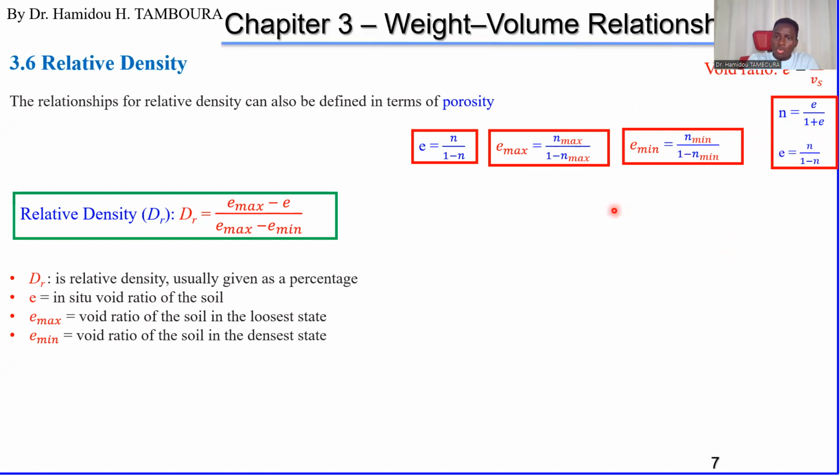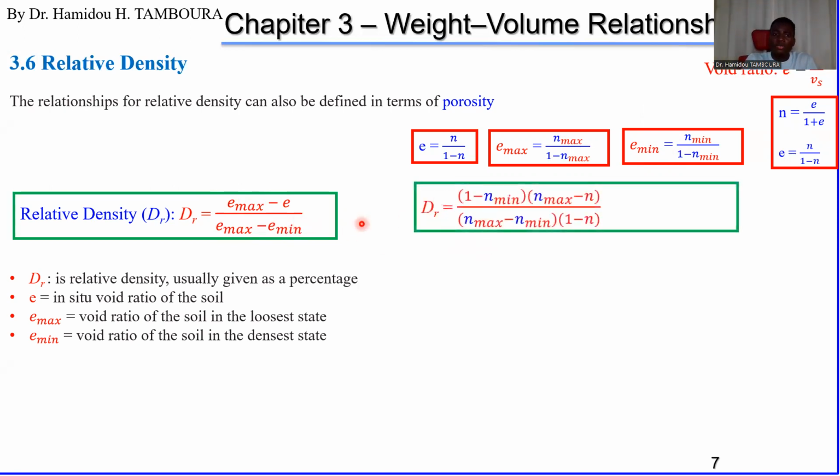So we replace this formula of E max and this formula of E minimum in the formula of relative density. After doing that, you can obtain the formula of relative density using the porosity.